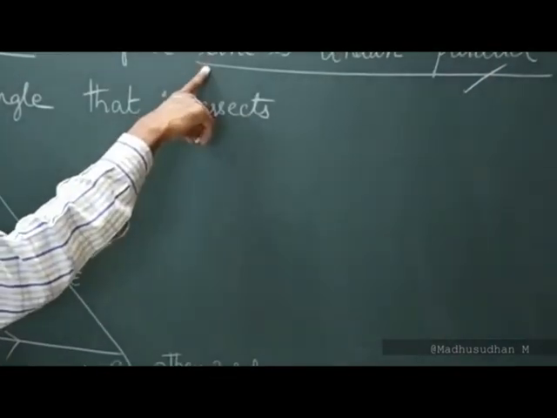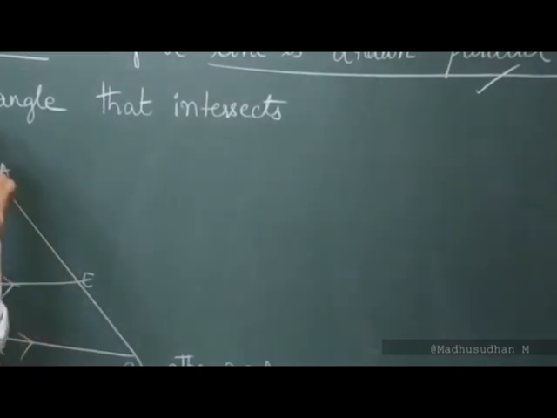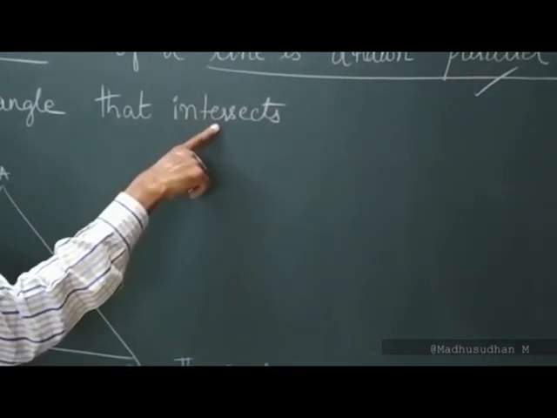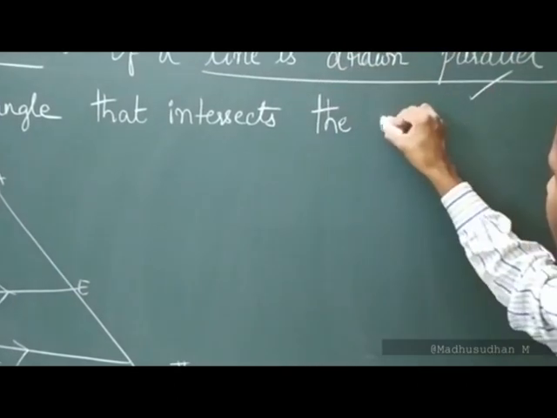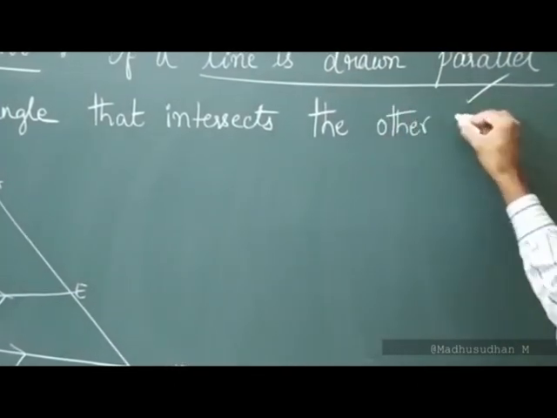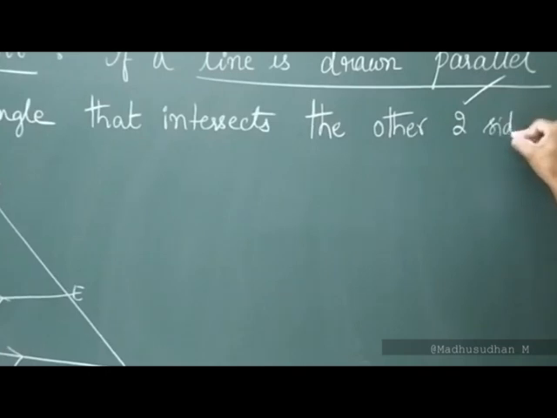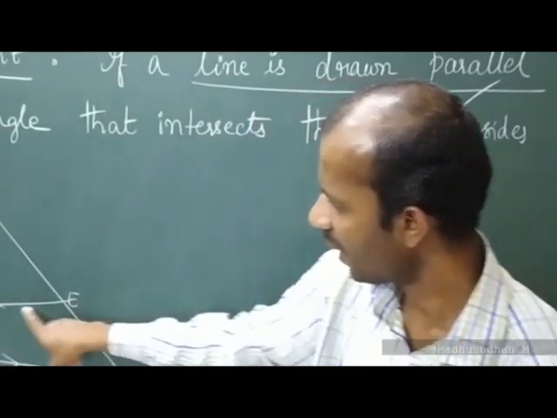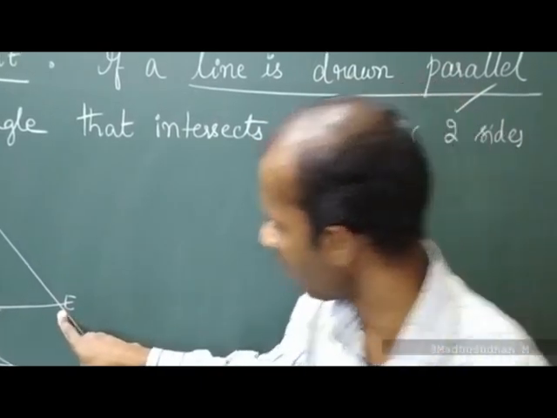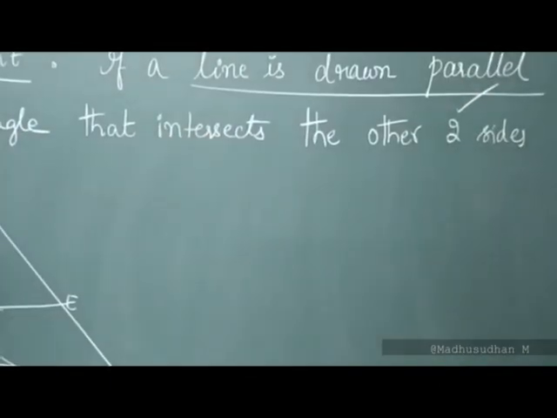So if a line is drawn parallel to one side of a triangle that intersects the other two sides, the line drawn parallel is intersecting the other two sides at distinct points, right?